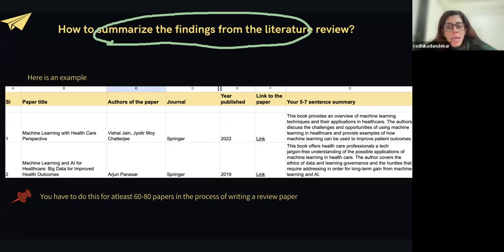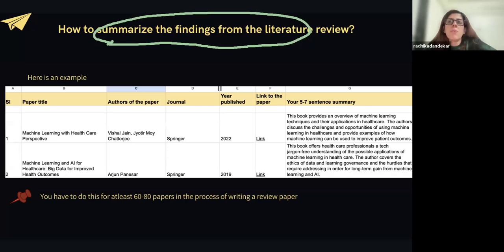You have to write a 5 to 7 sentence summary of what you think you have learned from a particular paper. This is where you write your findings and your point of view, your summary in your own words. Column G is where you jot down the major findings from a particular paper.